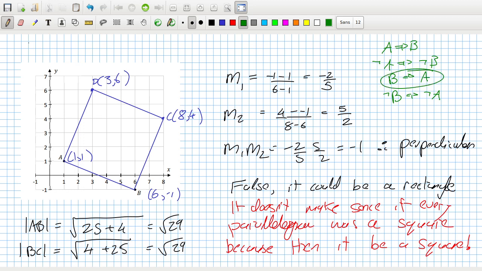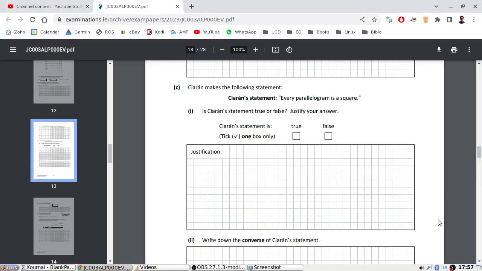B to A. So the converse would be every square is a rectangle. That's the converse. I think so.